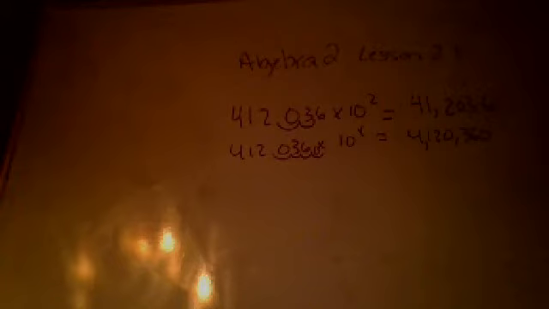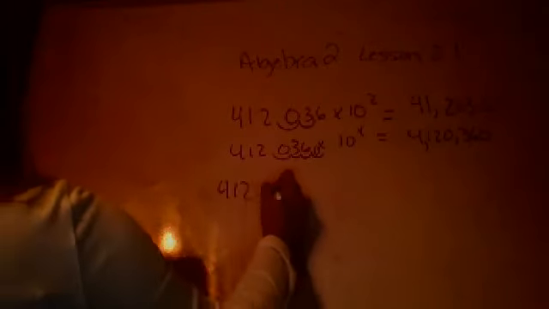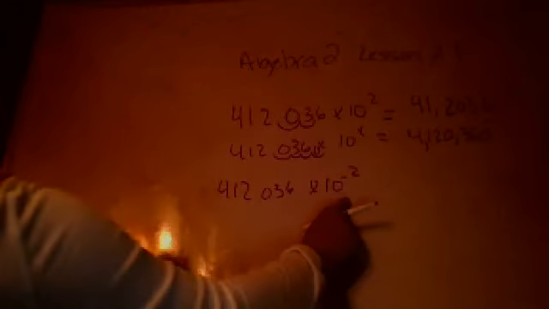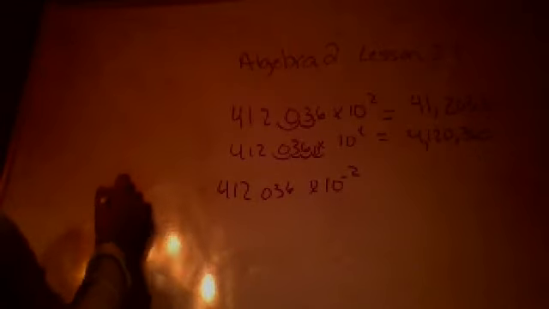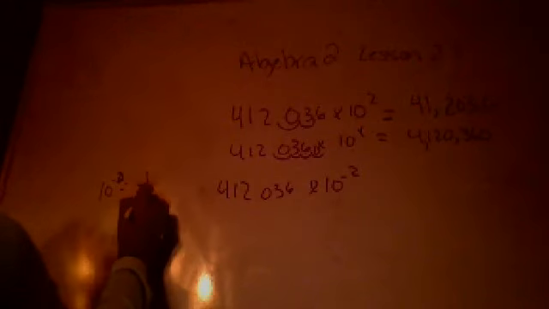Yes? When we have a negative exponent, let's look at the same thing, but with a negative exponent. So if I have 412.036 times 10 to the negative 2, what do we know about negative exponents? Well, 10 to the negative 2 is the same thing as 1 over 10 squared.